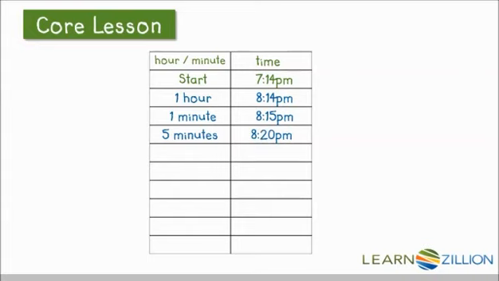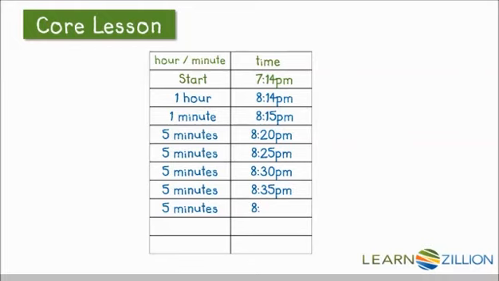5 more minutes takes us to 8:20, 10, 8:25, 15, 8:30, 20, 8:35, 25, 8:40, 30, 8:45, and 35 minutes. It's going to take us to 8:50, which was Naomi's bedtime.